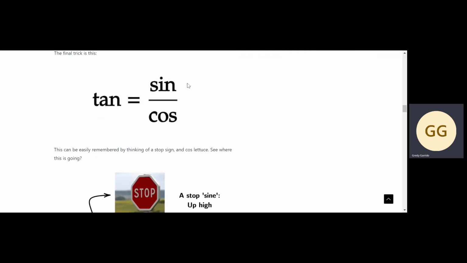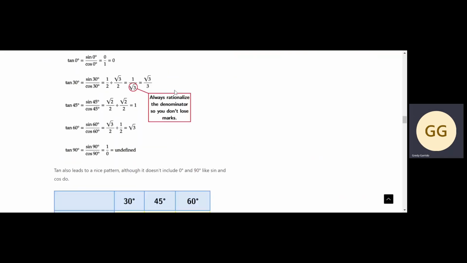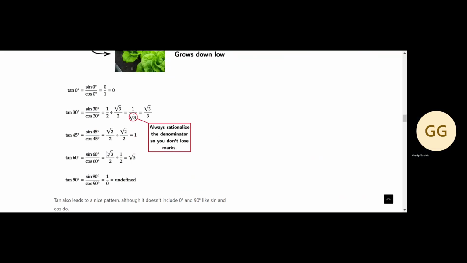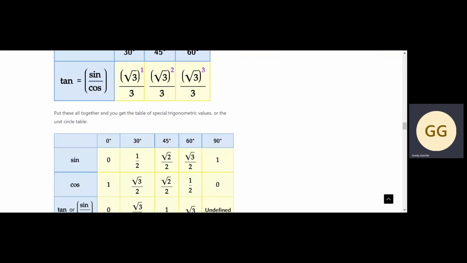Sine, this tangent is sine over cosine. Okay, then you can have all these particular values for the tangent summarized that way. Okay, again, you have square root 3, square root 3 at 1, 2, and 3, and also divided by 3 for degrees between 30 and 60, 30, 45, 60.